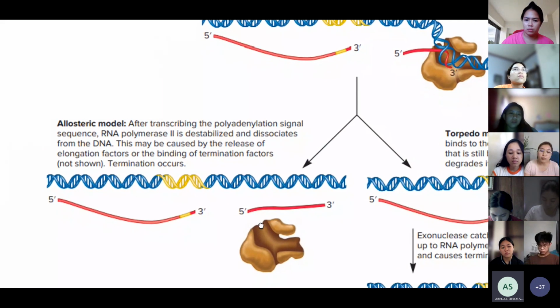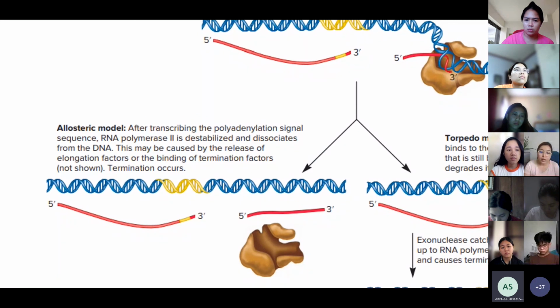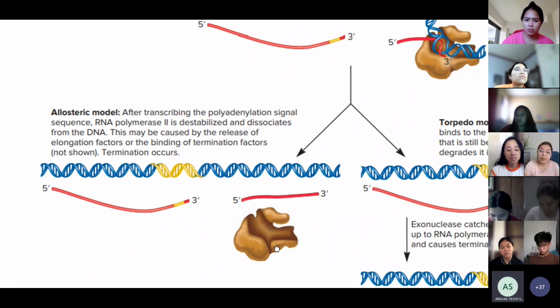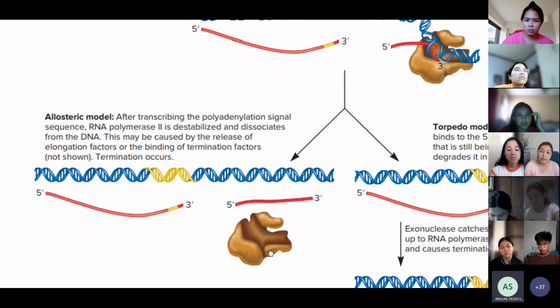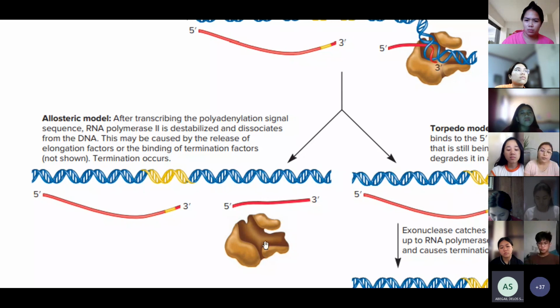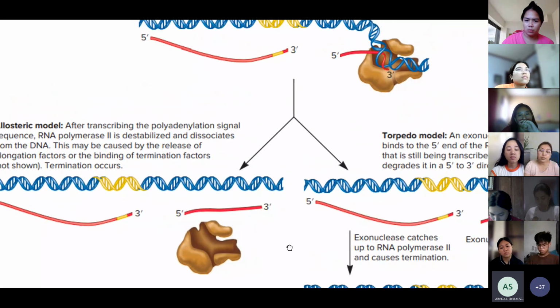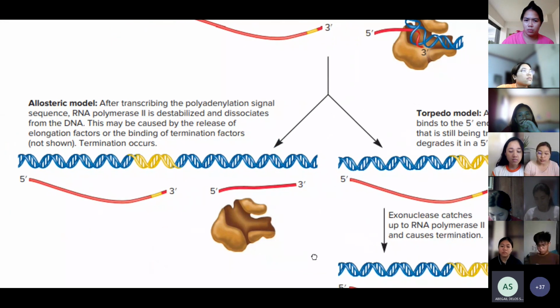For the allosteric model, the RNA polymerase would become destabilized after it has transcribed the polyadenylation signal sequence, and eventually would just dissociate from the DNA. The destabilization may be caused by the loss of proteins that function as elongation factors or by the binding of proteins for the termination factors.